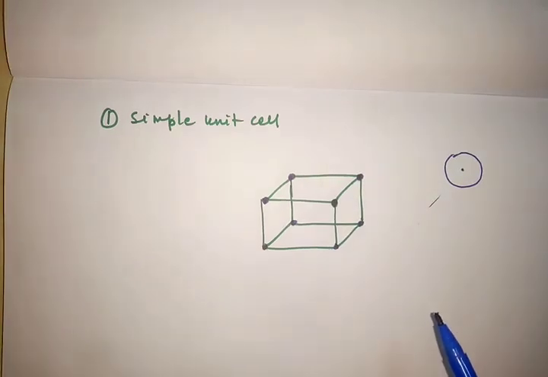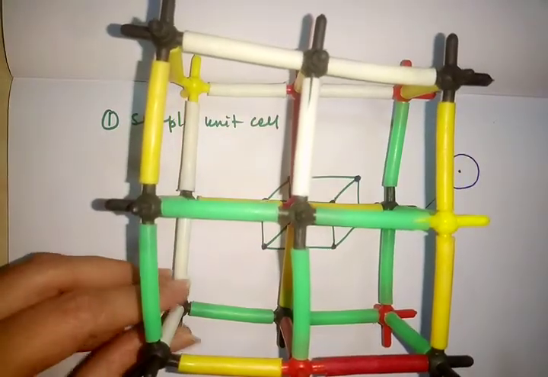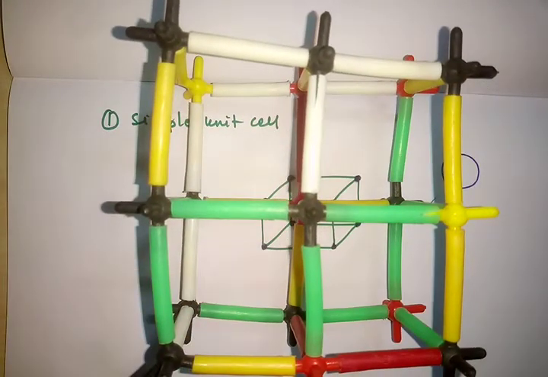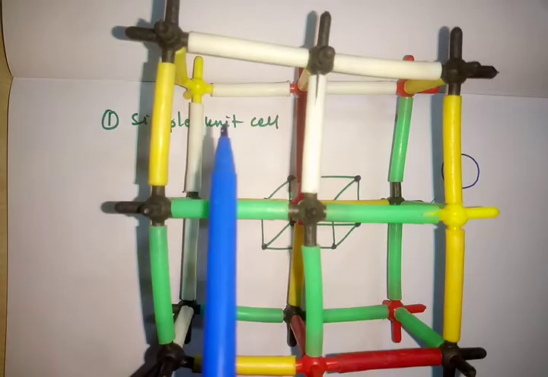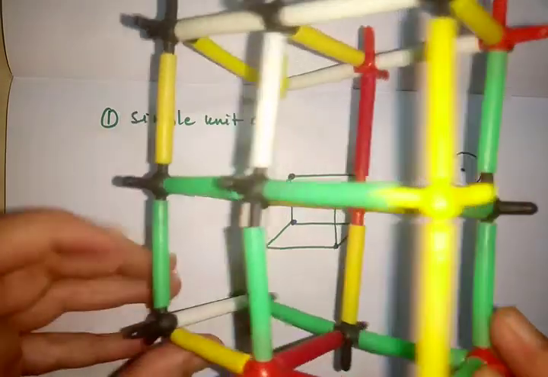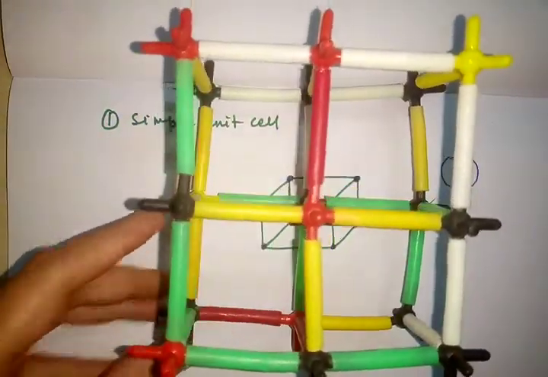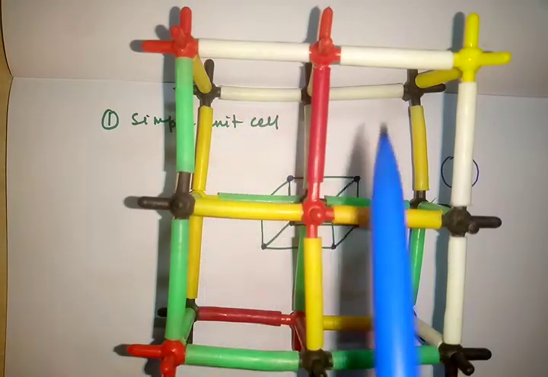Now you can see here the model I prepared. This is 1, 2, 3 and 4. These are the 4 unit cells. You can view this way also, 1, 2, 3 and 4 unit cells.